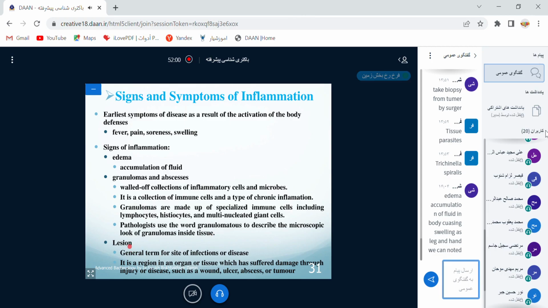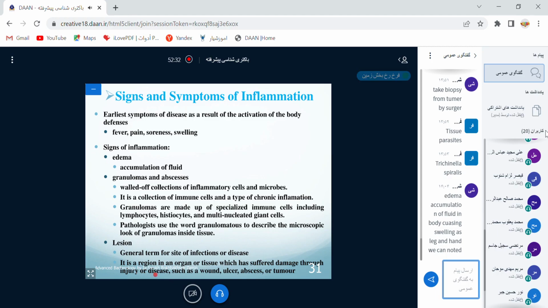Lesion. What is a lesion? A general term for a site of infection or disease. It is a region in an organ or tissue which has suffered damage through injury or disease.